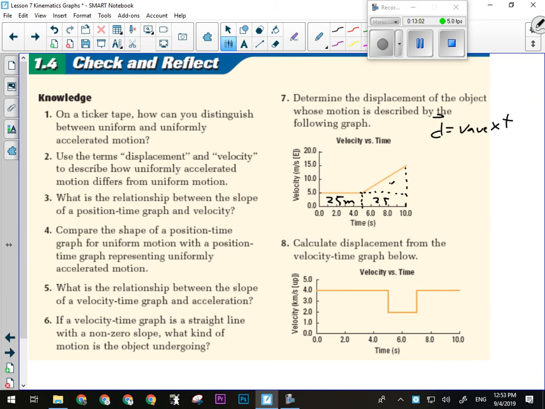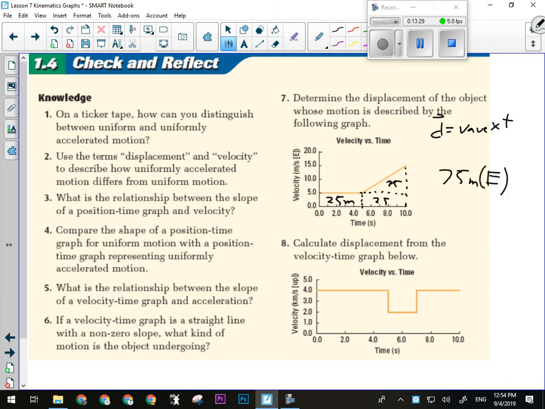Half the time it's going faster than 10 and half the time slower than 10. Remember, we calculate this by taking the base, 5 seconds, times the height over 2. So for this graph here, we have 5 again times 5, so we got 25 there. So our total displacement here should be 75 meters east.